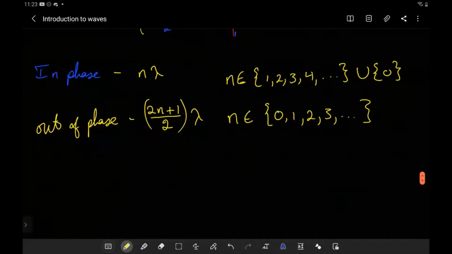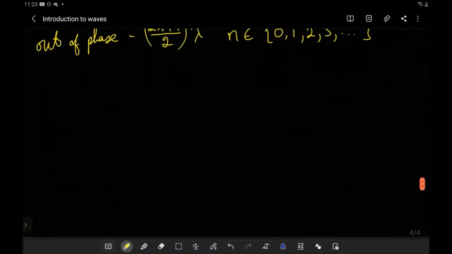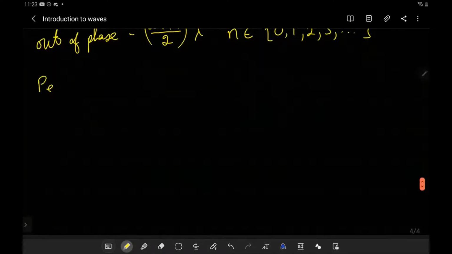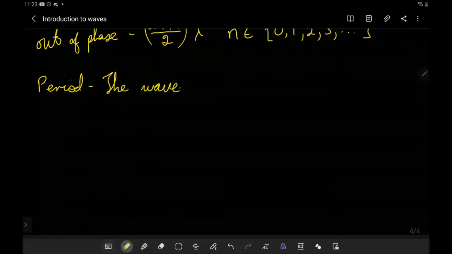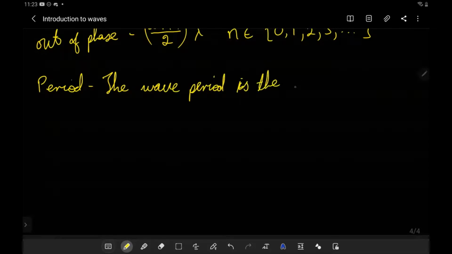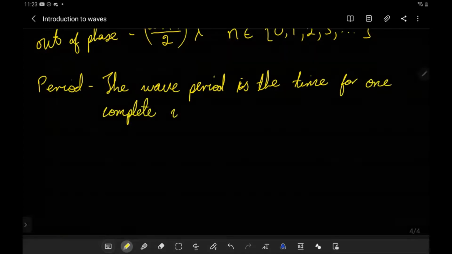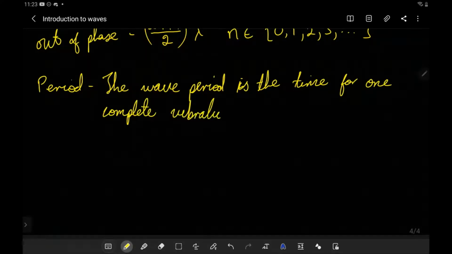So now we want to define periodicity, or period, the period of a wave, right? So the wave's period is the time for one complete vibration.